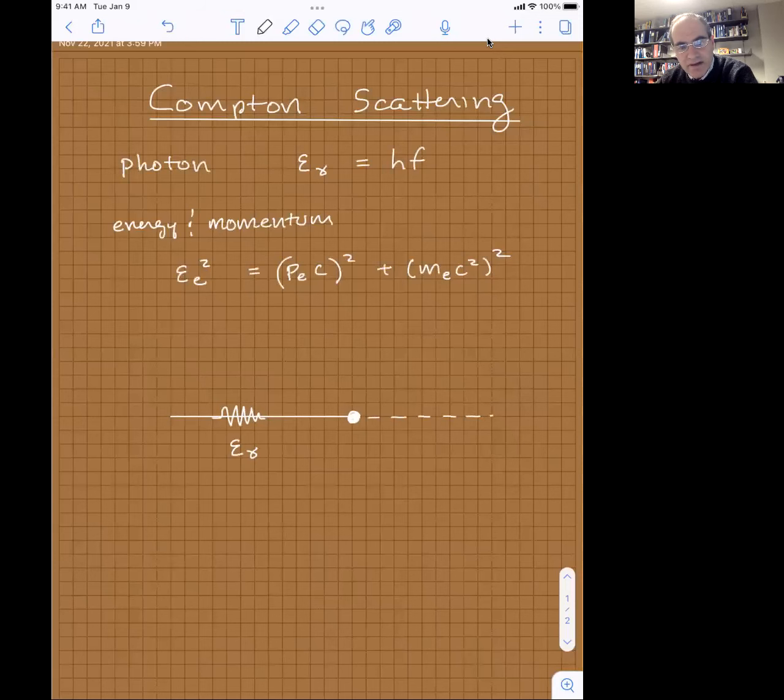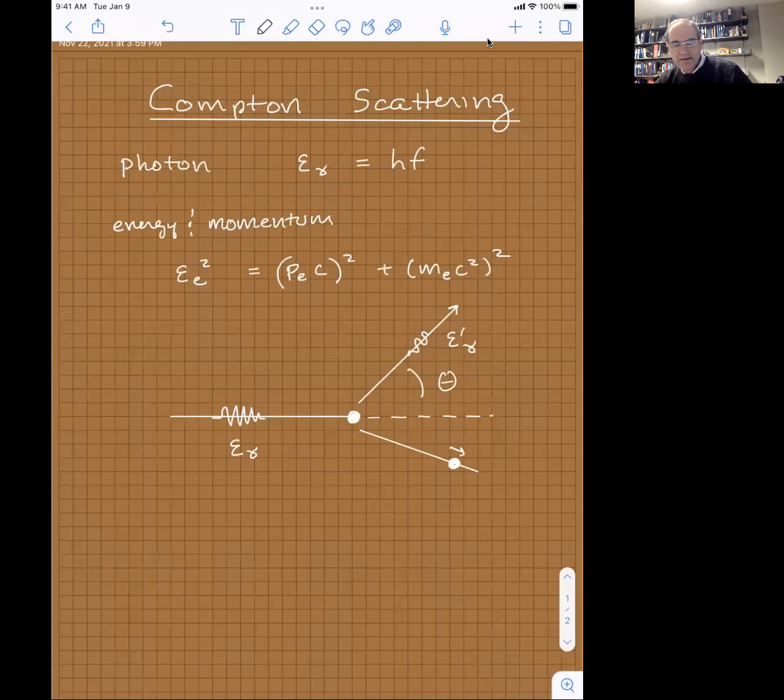After the photon strikes, the electron might recoil. And the photon will also be scattered, perhaps through some angle theta. And interestingly, its energy will change. That's the process that we want to describe.